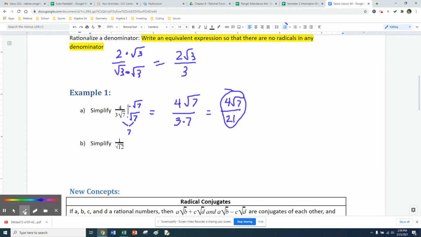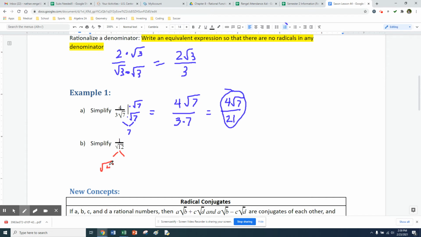Heading down to part B. We've got 1 over the root of 12. So I look at my denominator, and I do have a root of 12. Now, root of 12 is not a perfect square, but because 12 is a smaller number, I can see that there is a perfect square in there, which I am going to simplify the root of 12 first.